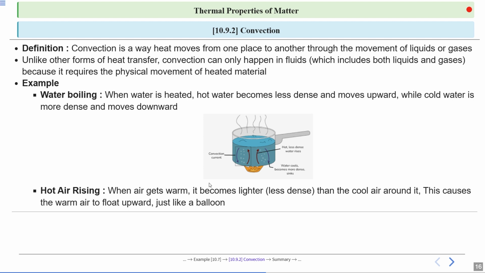So after heating, air moves in an upward direction like a balloon. When we fill gas in a balloon, due to less density, it will move in an upward direction.